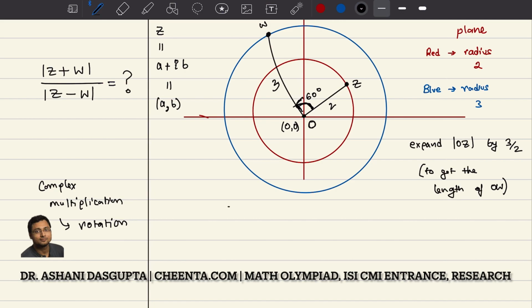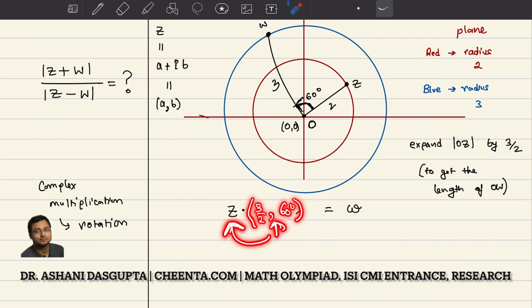Then you will know that z times (3 by 2, 60 degree) will be w. What it means is that if you complex multiply the complex number z by this polar coordinate 3 by 2 comma 60 degree, you will get w, because that's exactly what complex multiplication is.